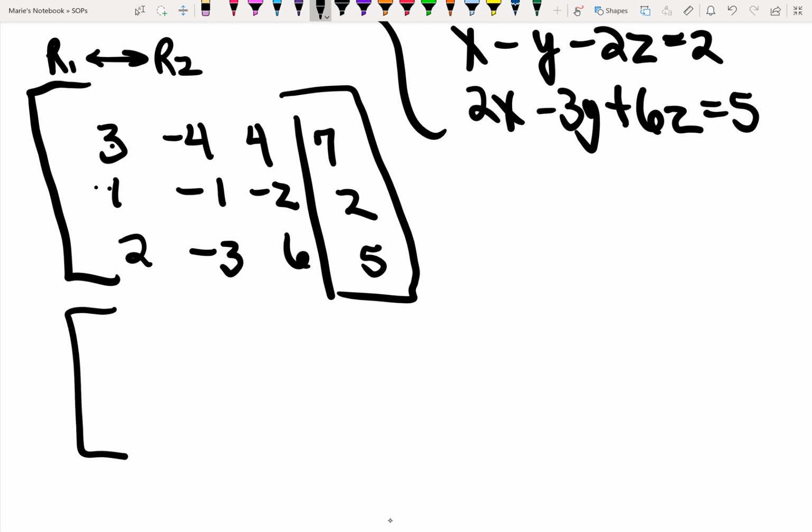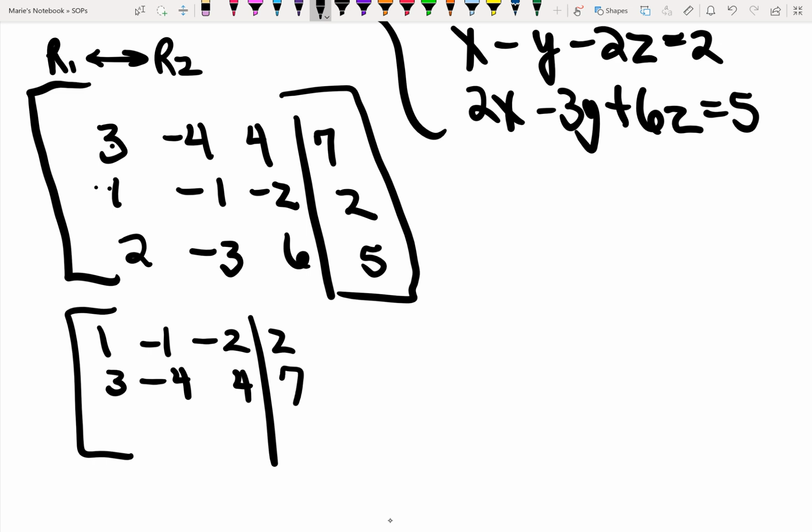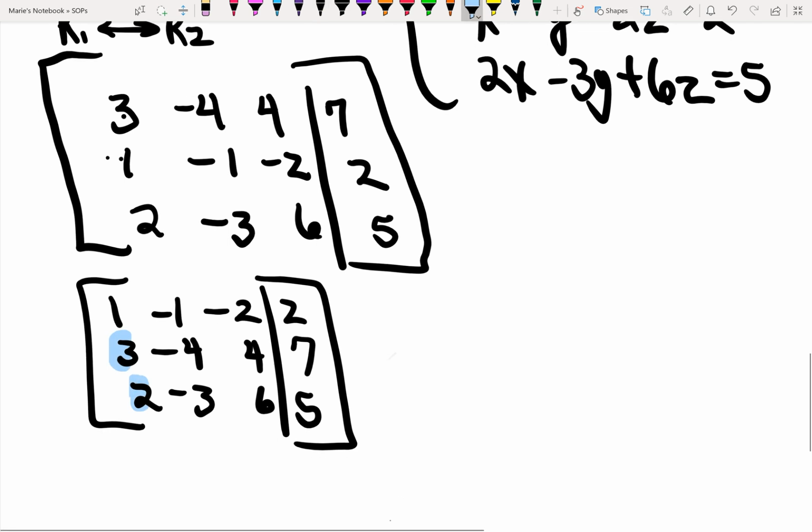So this becomes 1, -1, -2, and then 2. 3, -4, and then 4, and then 7. And then the 2, -3, 6, 5 does not change. I then want to focus on the zeros. I want those two, this and this, to be zeros.